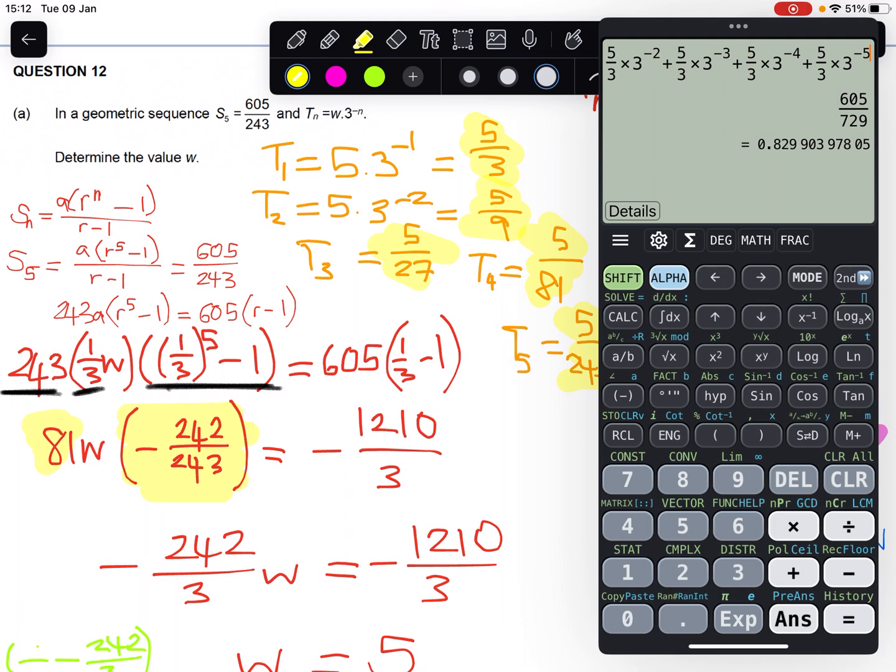That gives us 605 divided by 729, not 605 divided by 243. So we found a place where I'm right and the memo's wrong.